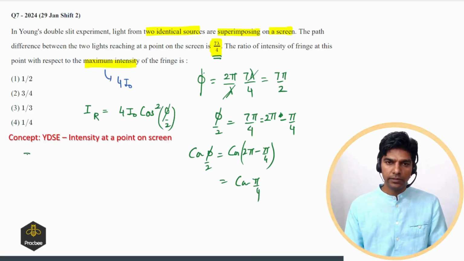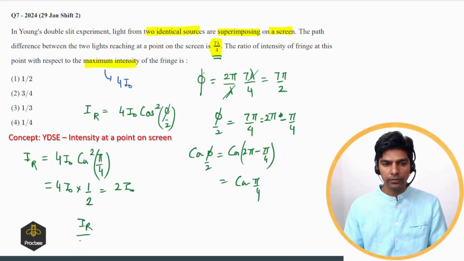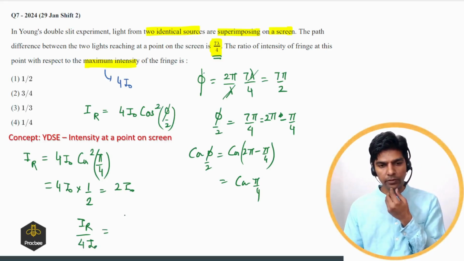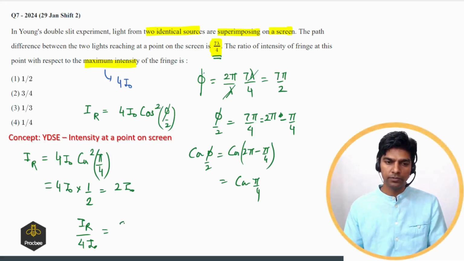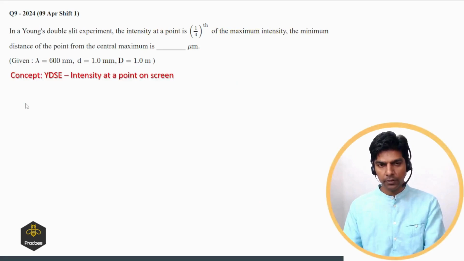So we can say the resultant intensity will be 4 I naught times cos square pi by 4, which will be 4 I naught times 1 by 2. So it will be 2 I naught. And we have to find I R with 4 I naught maximum intensity, right? The ratio of the intensity at that particular point with the maximum intensity. So this comes out to be 2 I naught by 4 I naught, which is 1 by 2. So option 1 is the right answer.